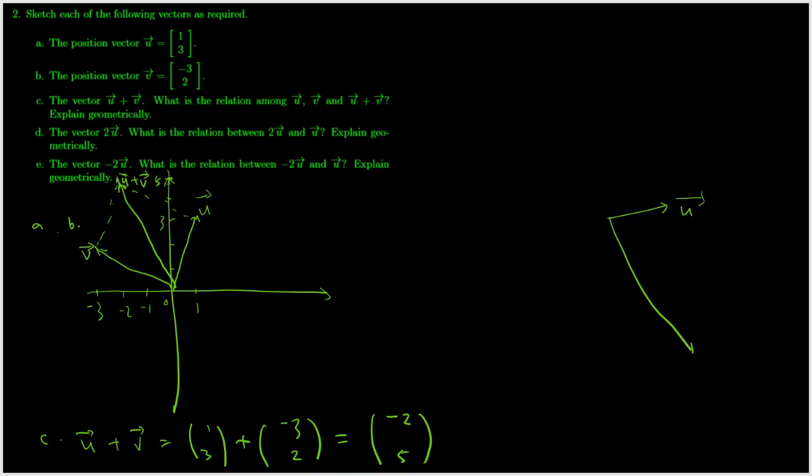Okay, so now let's say if u is something like that, v is something like this, and then using u and v as two adjacent sides, you have a parallelogram. You can always do that, right? And then u plus v is going to be that diagonal, right?